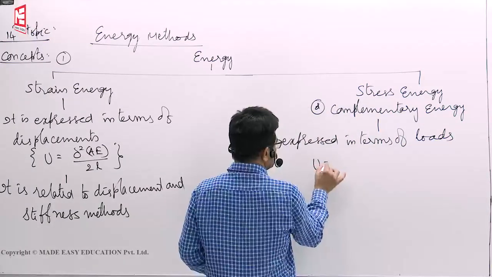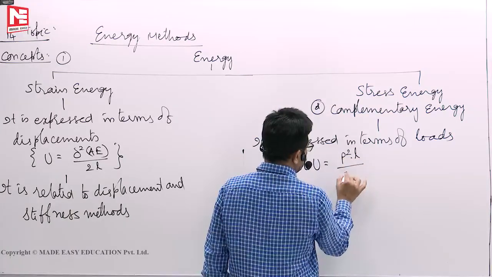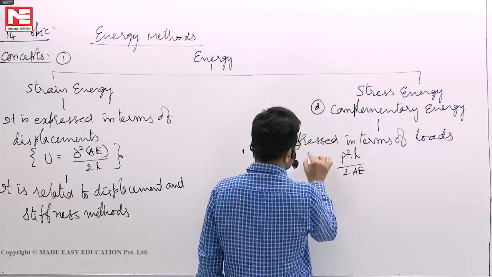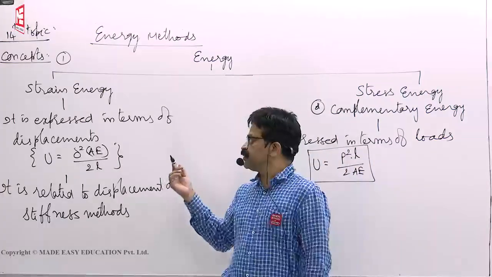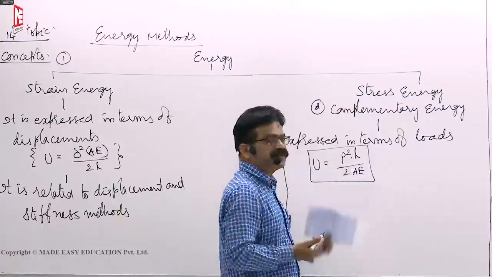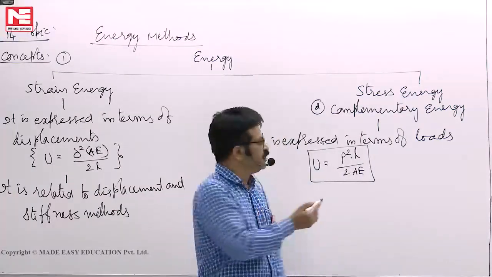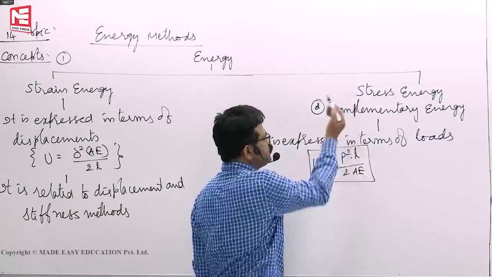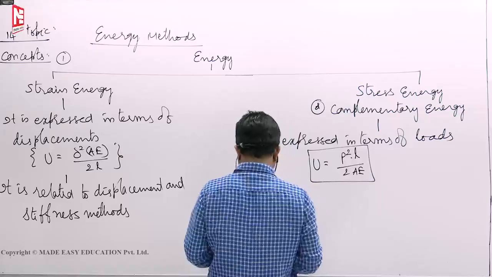Strain energy, you have written P square L by 2AE. Strain energy you can express in terms of the displacements, in terms of the forces, in terms of the stresses also; you have three expressions. So if you write like this, we call it complementary energy, P square L by 2AE.